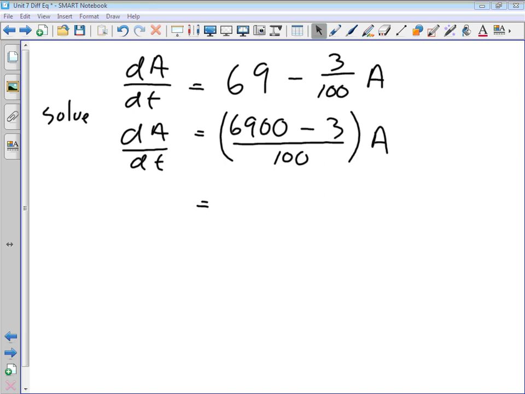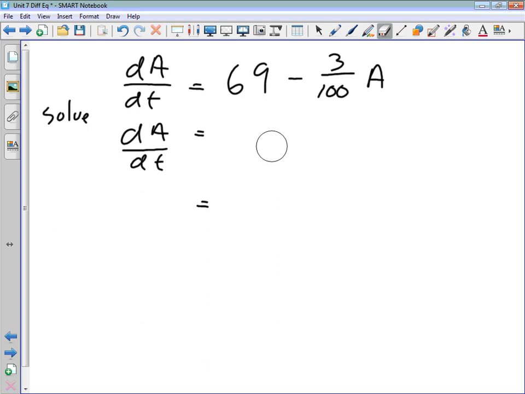Yeah, that makes no sense because that implies that the 6900 is divided by the A. So let's change this here a little bit. Let's still get our common denominator. So this will be the 6900. Okay? And we'll write this as minus 3A over 100. Okay, that looks a little bit better. That's just getting a common denominator between the two terms.